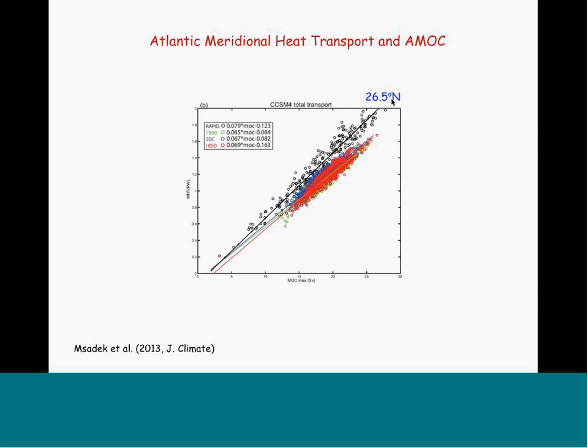This is a regression plot from a recent paper, with Rimas as the lead author. The blue are the RAPID observations, and the other colored lines or dots show CESM simulations. You see that the northward heat transport directly relates to the AMOC strength. It has implications, of course, for the climate.